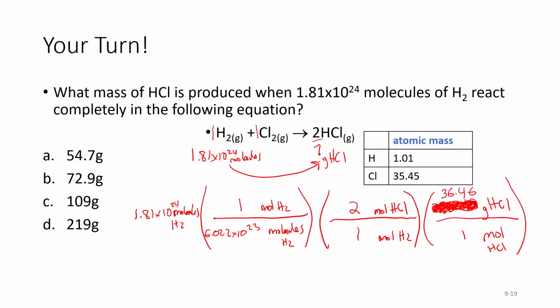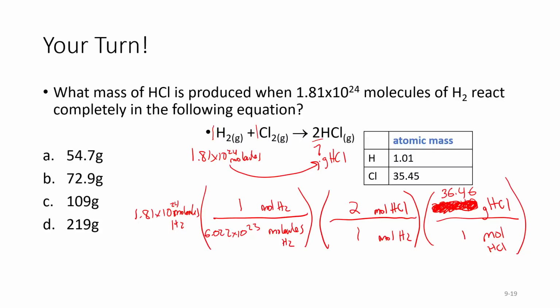Okay, so now what we're going to do is multiply the entire top and divide that by the entire bottom. We can ignore the number 1. So we're going to do parentheses 1.81 times 10 to the 24th, close the parentheses, times 2 times 36.46 equals.